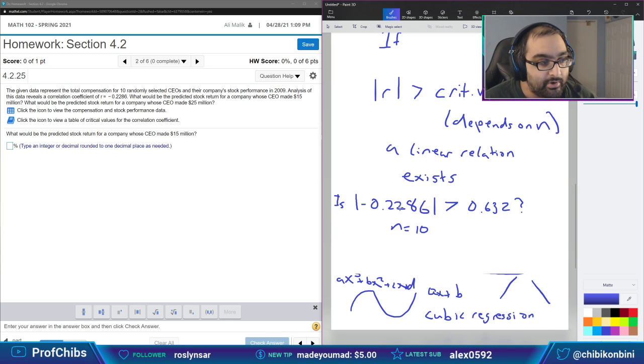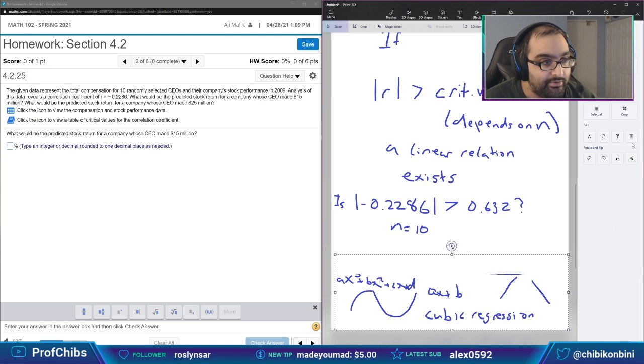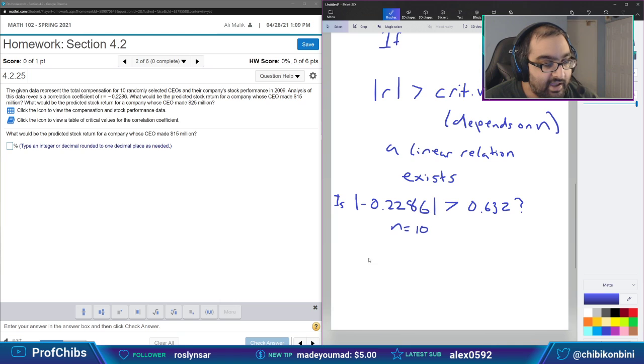So you're saying 0.2286. Remember, the absolute value, read that carefully, JD. Absolute value just makes it positive, right? So let's rephrase this. Is positive 0.2286 bigger than 0.632?